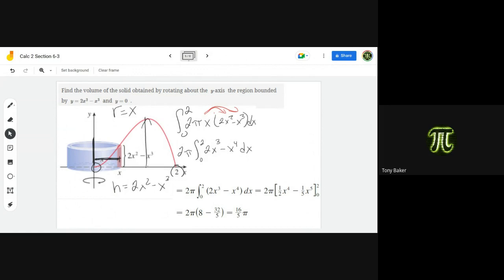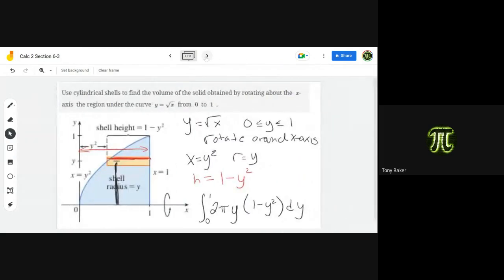It's opposite of the disk method. So if we're rotating around the y-axis, we want y equals. This one is rotated around the x-axis, so I want x equals.